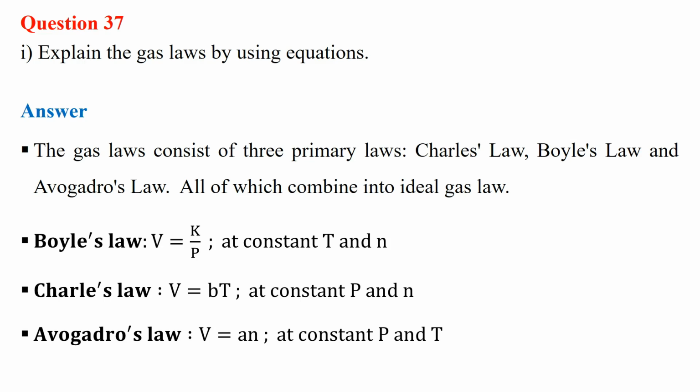According to Avogadro's law, the volume is proportional to the number of moles at constant pressure and constant temperature. If you have a constant temperature and a constant pressure, the volume will be proportional to the number of moles, and that A is the proportionality constant.